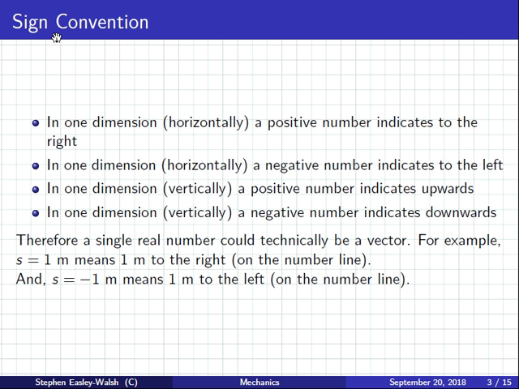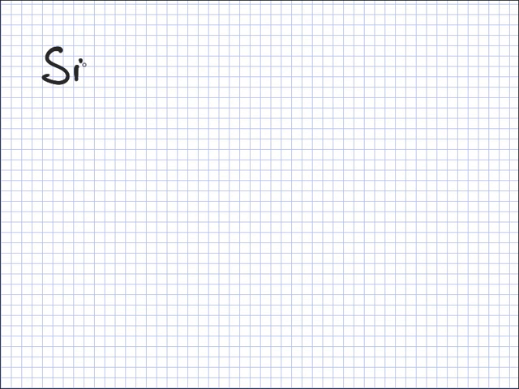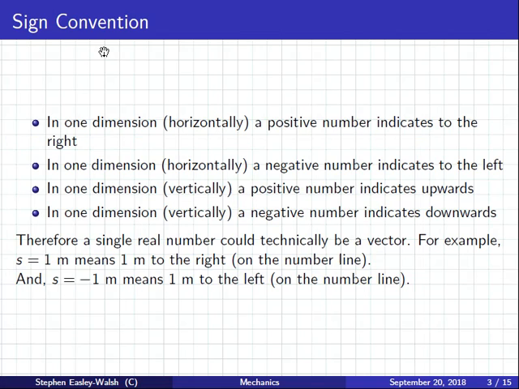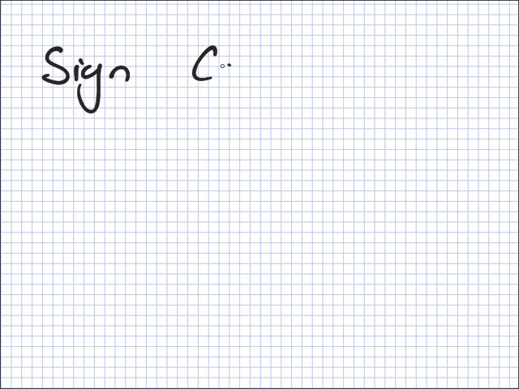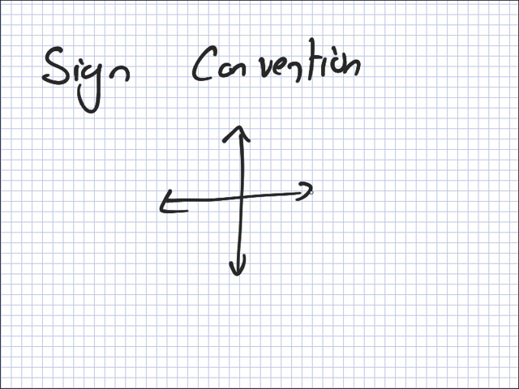It just means what we normally do. Maybe write the words sign convention and then draw this. So this is normally plus, plus, minus, minus, just like in maths class.